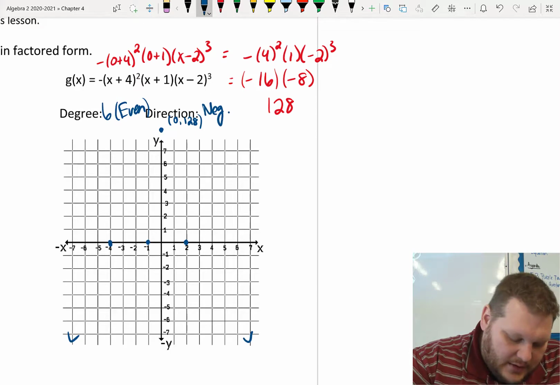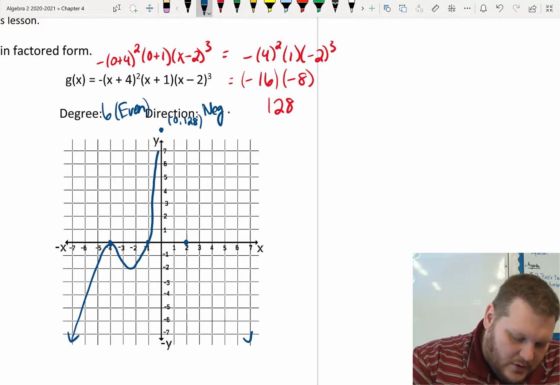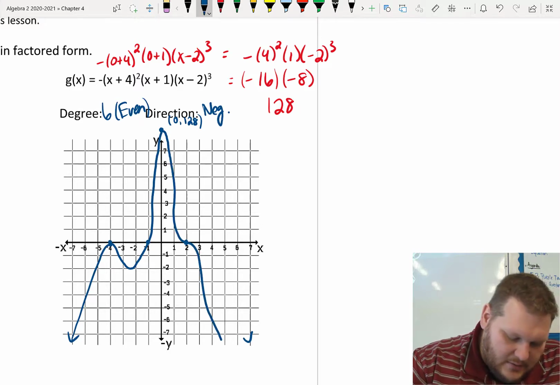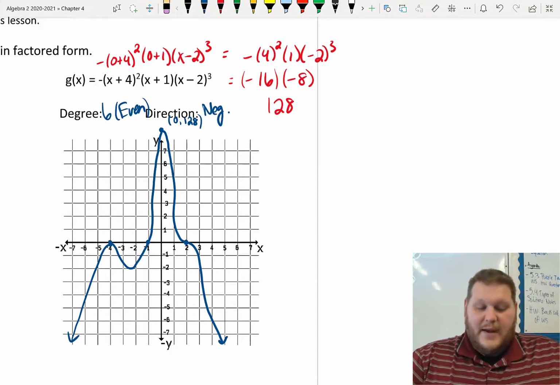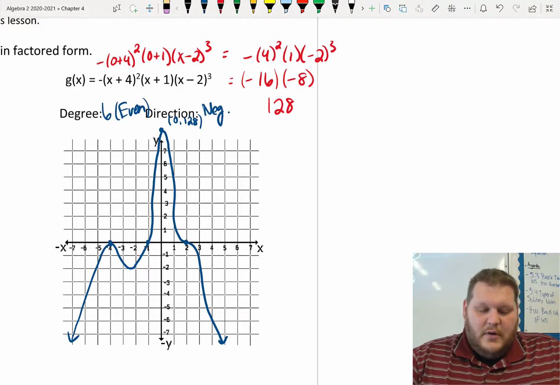So what that's going to look like here, it's going to bounce at negative 4, go straight through negative 1, go way up there to 128. It does that little hesitation thing on the right side at positive 2, and that would be it.